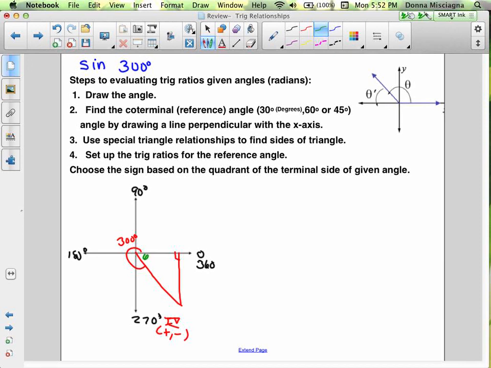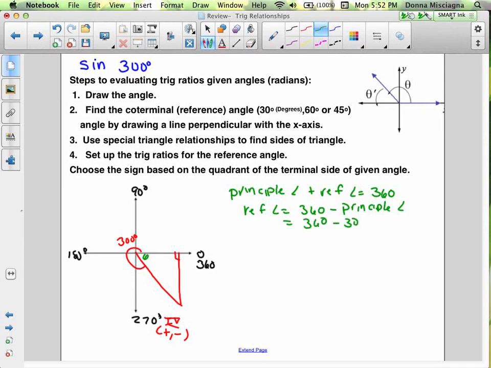Notice that together the principal angle, which is that 300 degree angle, plus the reference angle, adds up to the whole circle, 360 degrees. So that means that the reference angle equals 360 minus the principal angle. Our principal angle is the one we're given.